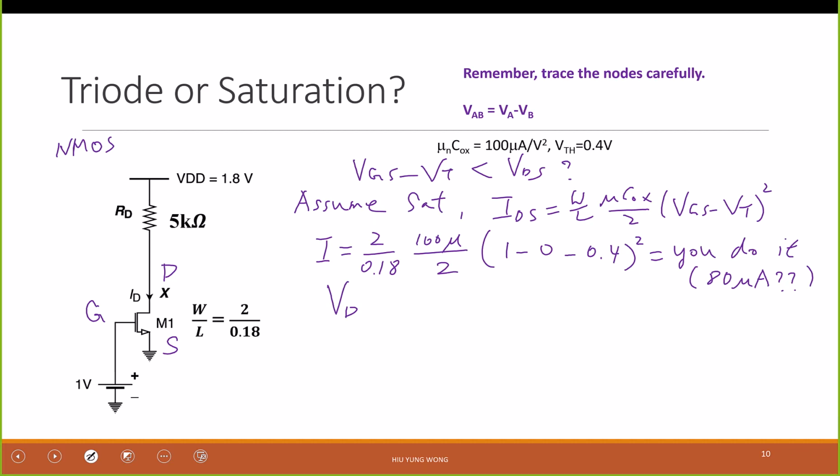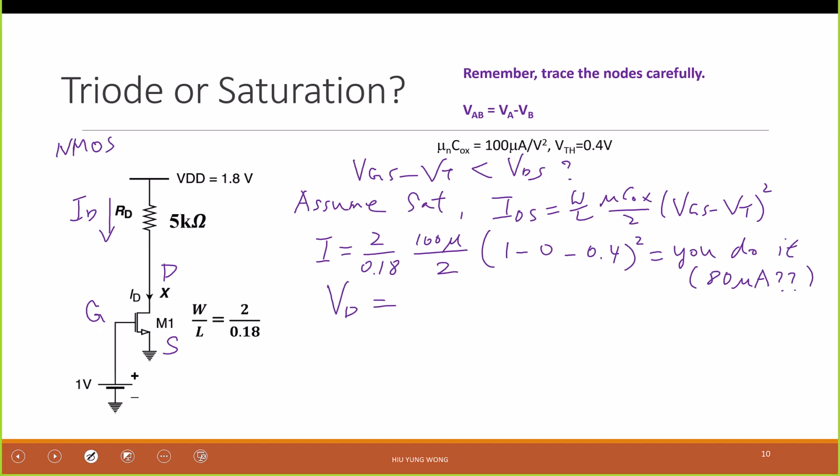How do I find VD in this figure? You use this very often. Well, you can use Ohm's law, right? Because ID is here, and this is also ID, right? So 1.8 minus Vx divided by 5K equal to ID.